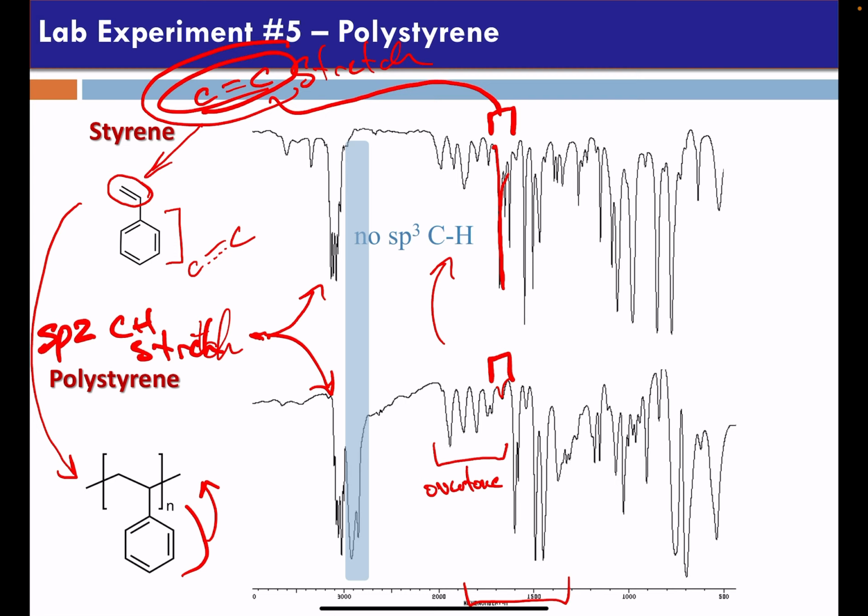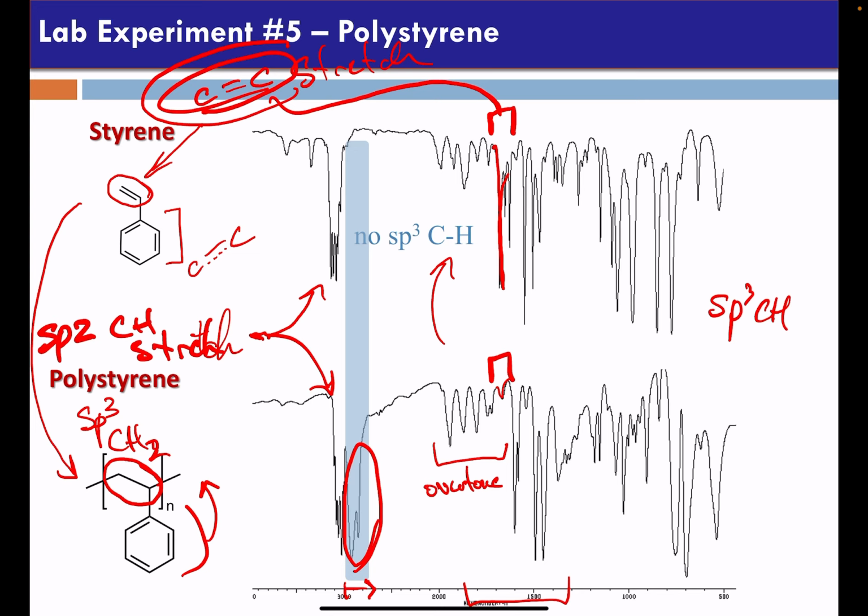But when we consider sp3 bonds, so this is carbon fully single bonded, we're talking about main chain features, so CH2s that are sp3 bonded instead, we're going to see these appear. And so those new signals there just below 3000, but still in the CH region, indicate the presence of the polymer main chain.